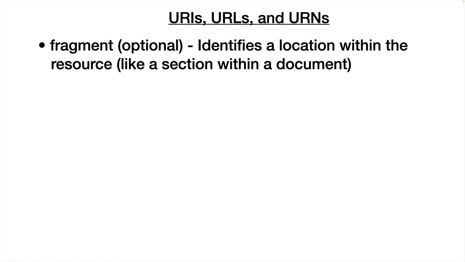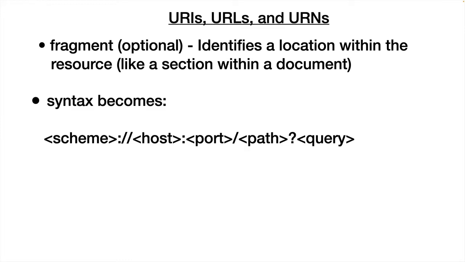Somewhere in that document there will be a label CHAP1, which maybe represents chapter 1 of the document. Your web browser will go to that page, and then scroll down to wherever that fragment is located in the document. So now that we know what a fragment is, if we remove it, our syntax becomes this.